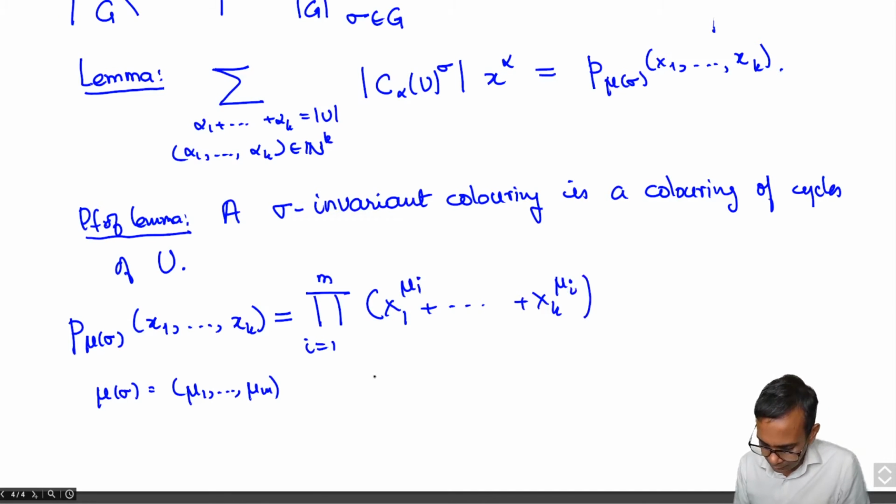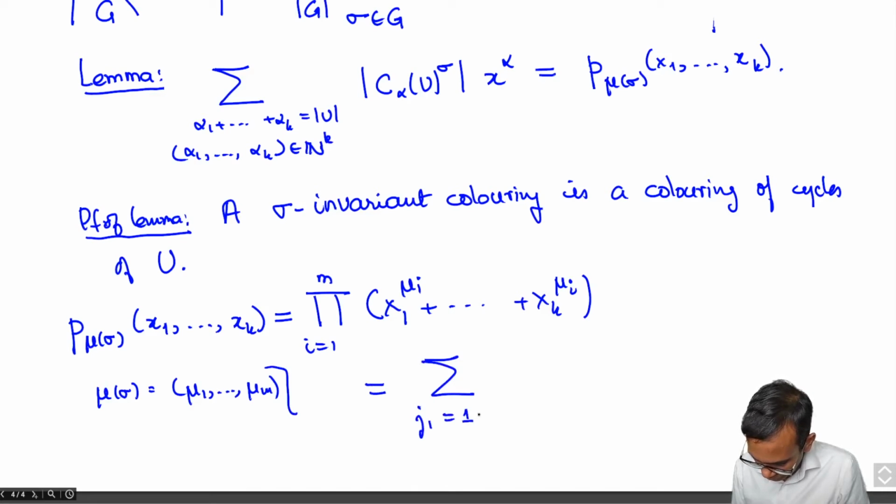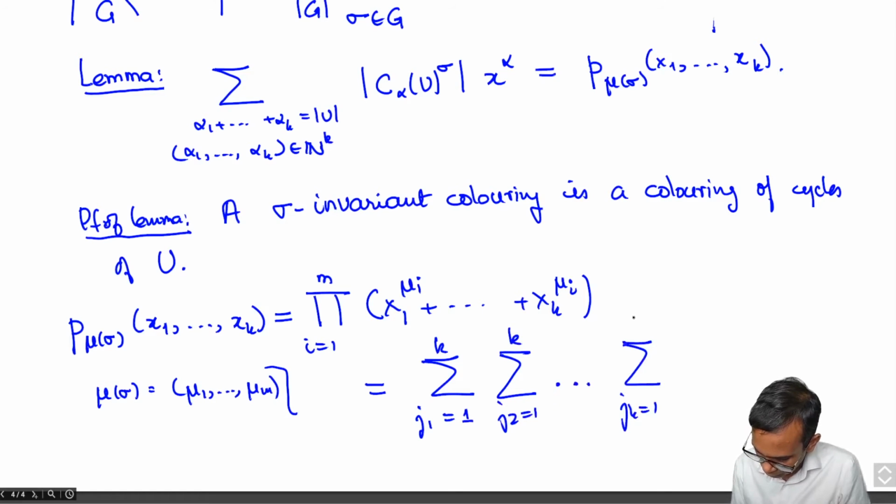Now using the distributivity law, this is equal to summation j1 goes from 1 to k, j2 goes from 1 to k, all the way up to jm goes from 1 to k. I'm going to just take these sums out and put the product inside.